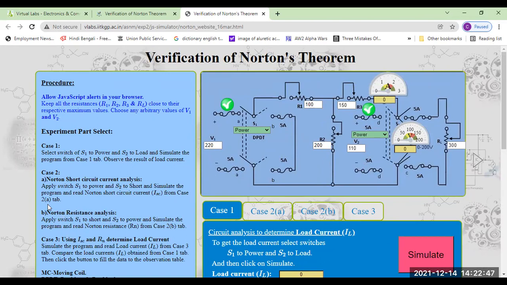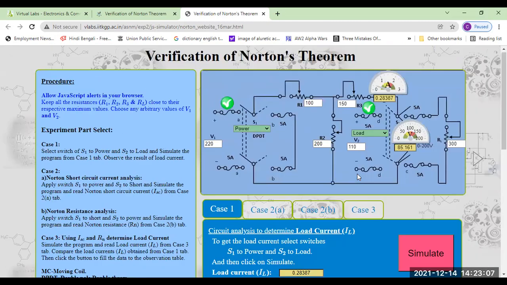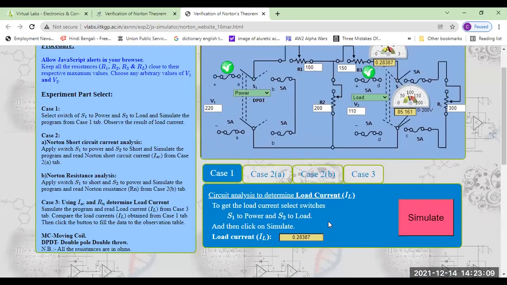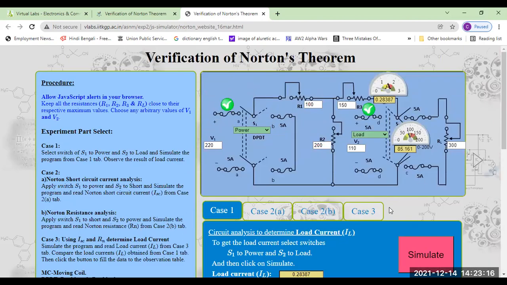So just follow this. First case: select switch S1 to the power and S2 to the load. Then simulate it. If we simulate it, we can see the current flowing is 0.28387. It is the normal current. This voltage source is not acting there because it is connected to the load.